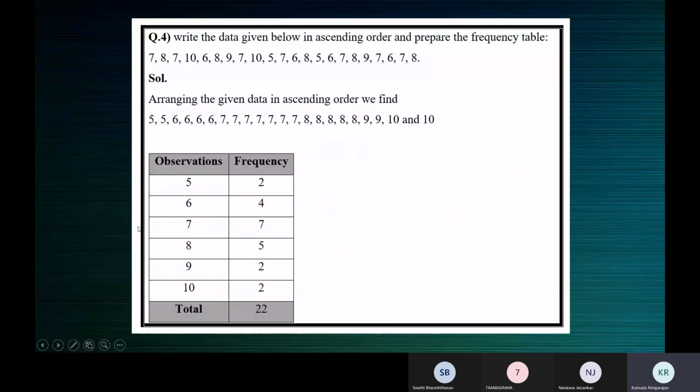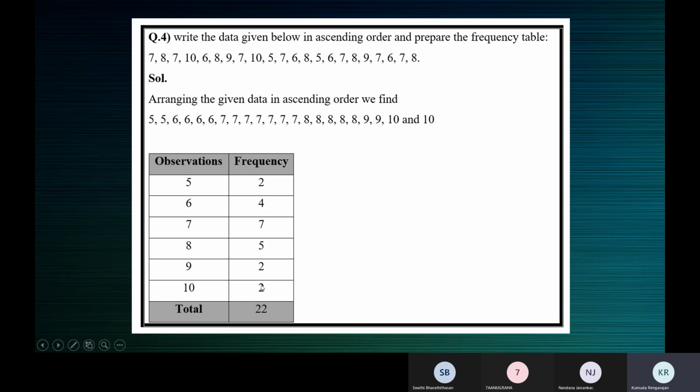So see here. Now what is 5? 5 is called the frequency. Why is 5 called a frequency? Because it is the number of times 8 occurs in the data. 5 is the frequency of 8 because in this data 8 happens 5 times.